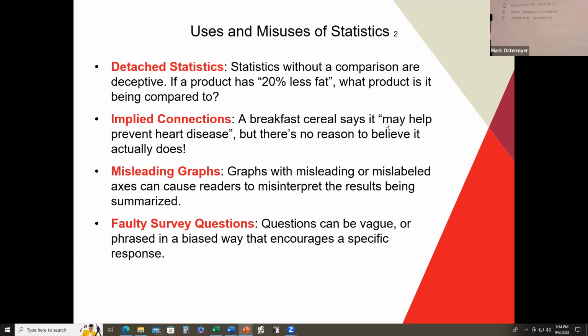Being very general in your statement or conclusion involving an investigation can cause problems. For instance, saying a breakfast cereal may help prevent heart disease. May help prevent heart disease. That doesn't sound too conclusive or too scientific to me if you say may help. How do you know that for sure? Graphs are always notoriously known for misleading investigators, and I'm going to show you a couple of those in a second.